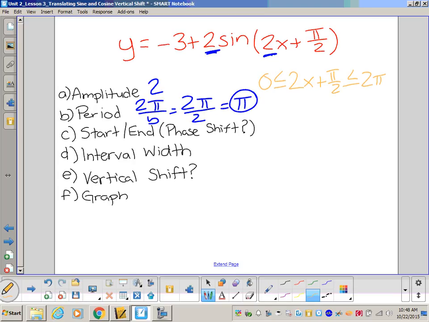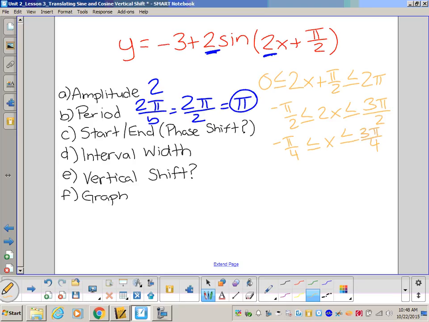So I'll subtract pi over 2 from both sides. And then to get rid of the 2 in front of x, I'll divide everything by 2. That gives me negative pi over 4 and 3 pi over 4.